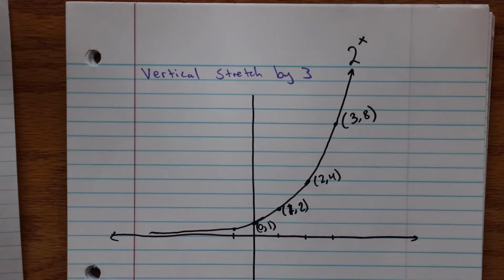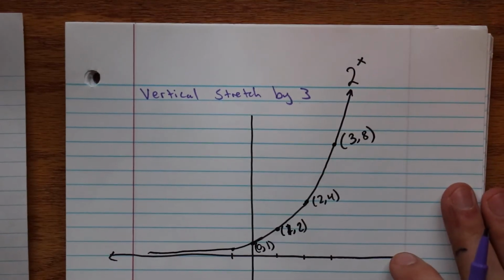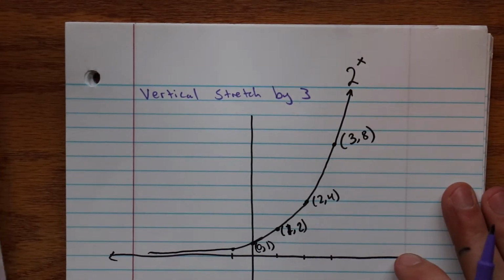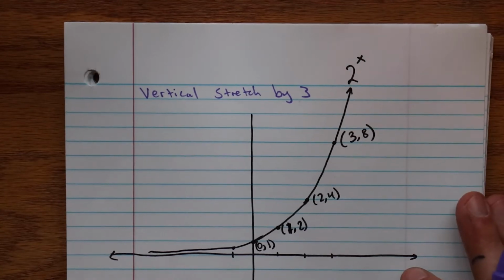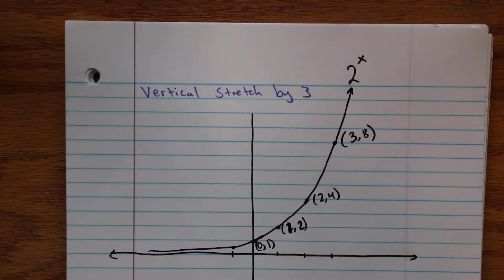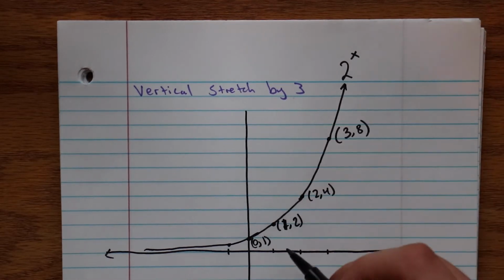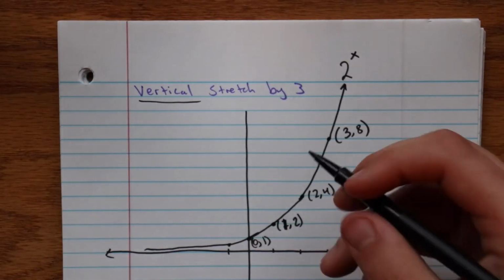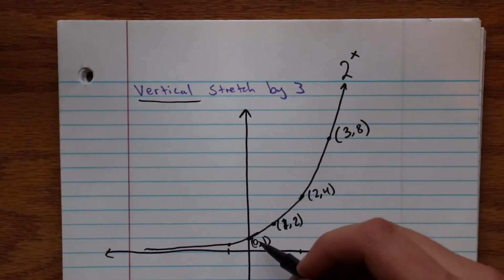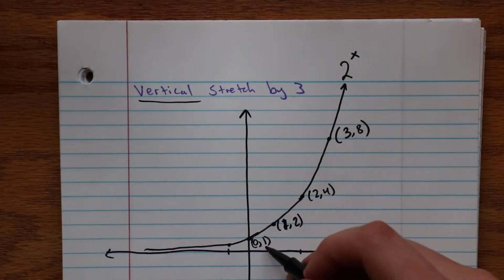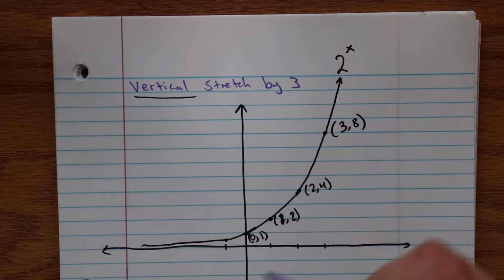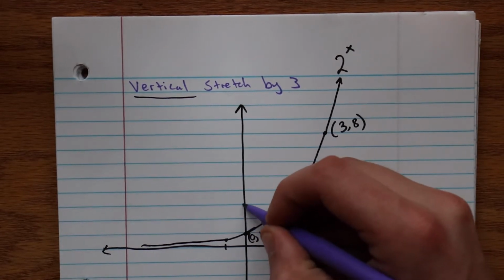All right, so let's take a look at a vertical stretch by 3. It's going to be massive. So, a vertical stretch by 3, that means if it's vertical, it's affecting the vertical axis. So the point 0, 1, if it's stretched out by a factor of 3, it's going to get stretched out to the point 0, 3.